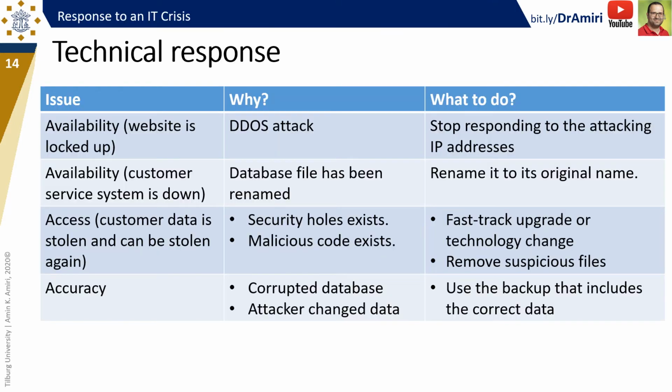First, let's go over the technical response by the IT department. The first issue was that the website was locked up due to a DDoS attack and materialization of IT availability risk. The way that the IT department resolved this issue was by no longer responding to the attacking IP addresses. IP addresses are like telephone numbers.